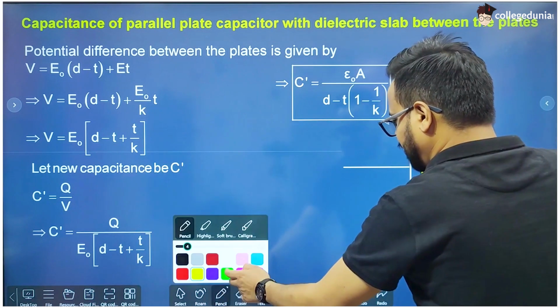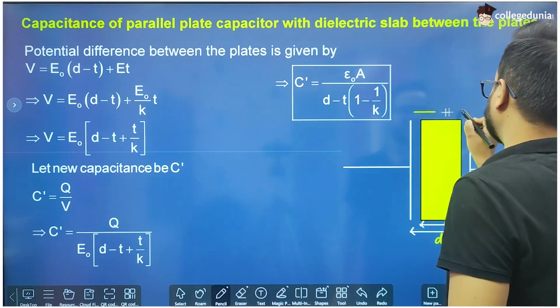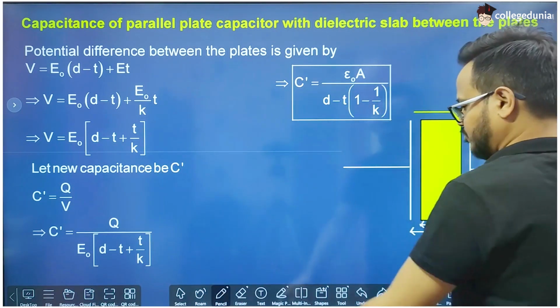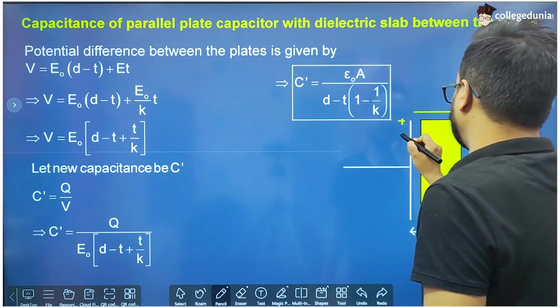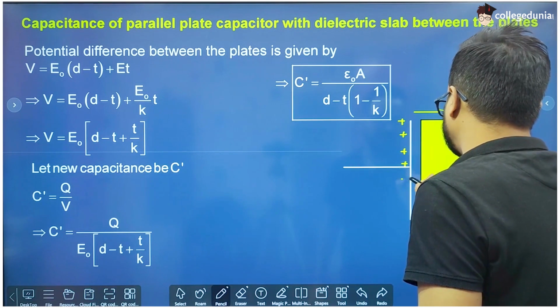And the external electric field is E naught. And this plate is positively charged and this plate is negatively charged.